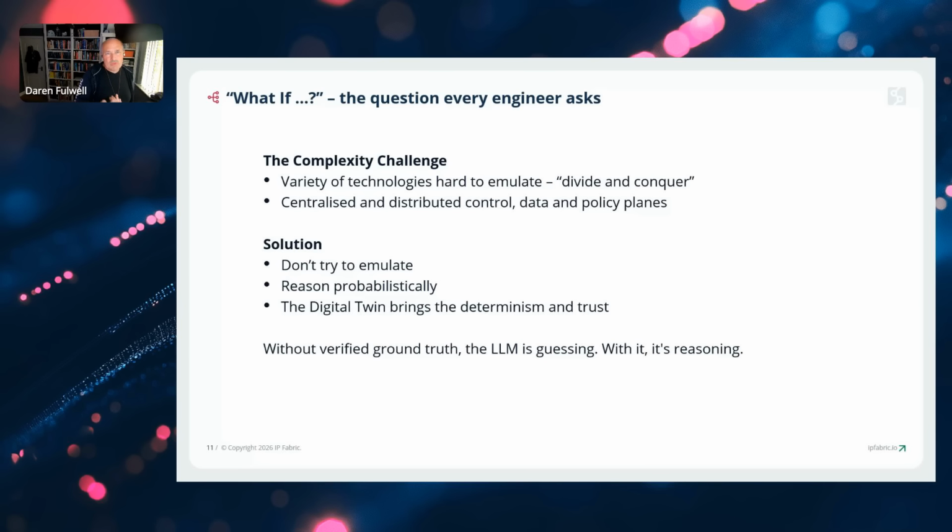So it's much more sensible to reason probabilistically about this. It's the way that you or I would, as a network practitioner, if we were asked to try and determine what would happen: we would sit down and we would think about it and weigh up the probabilities. What IP Fabric is bringing to this is that determinism.